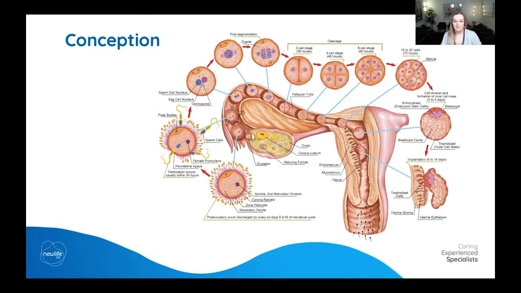You need a receptive endometrial lining and then implantation to occur. So you need the right egg at the right time with the right sperm, and you need a functional tube and the right endometrium. And at any point in this pathway, things can go awry, leading to our causes of subfertility.